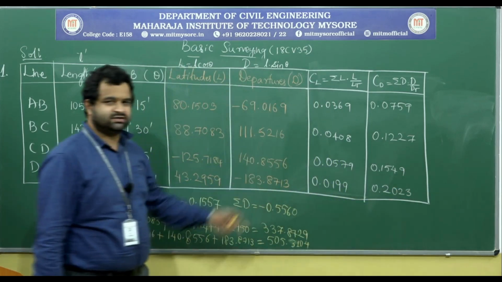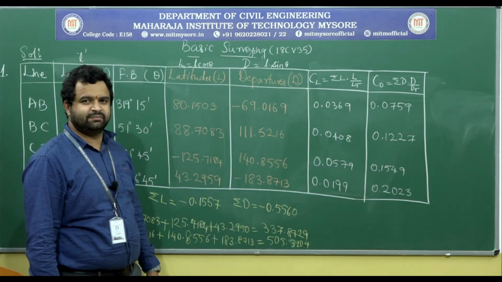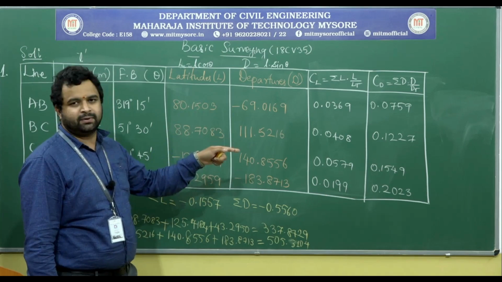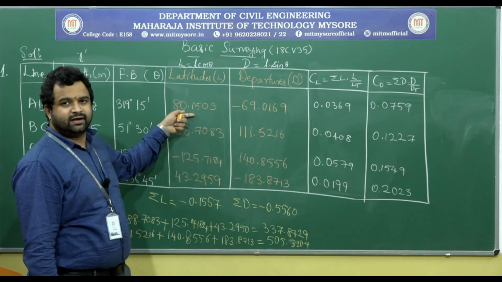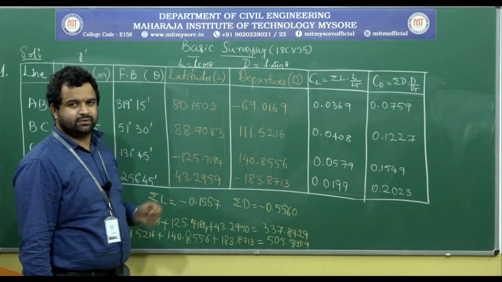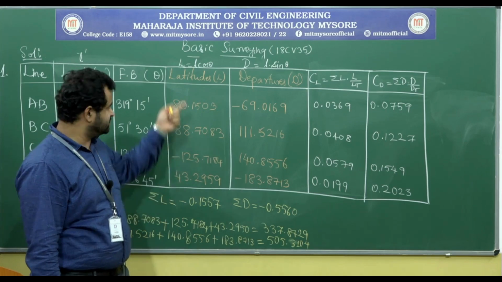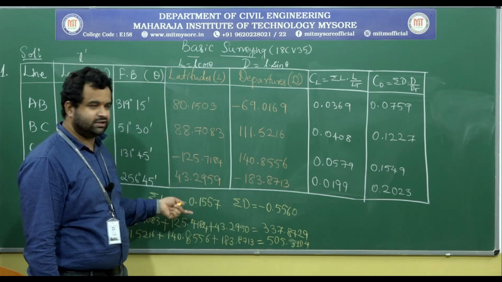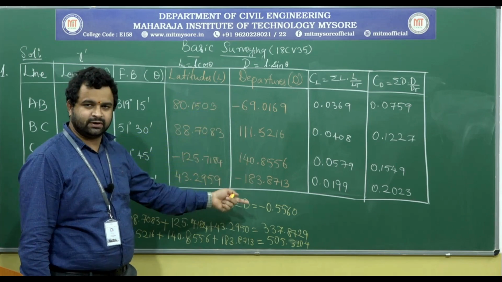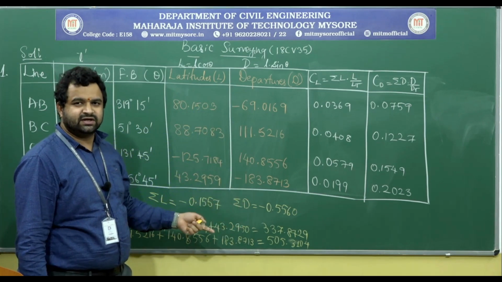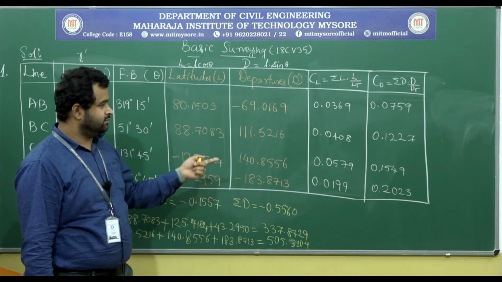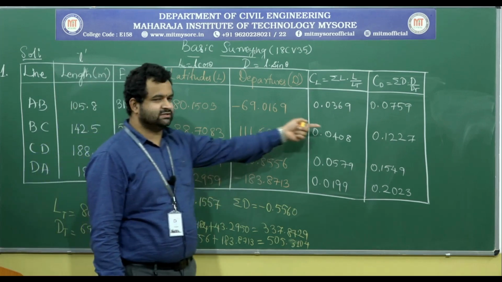So these are your corrections obtained for latitudes and departures, which have to be applied to correct the latitudes and departures respectively, so that the summation of all the latitudes will be equal to 0 and the summation of all the departures will be equal to 0, and we can say that the traverse is adjusted. By using which rule? By using transit rule.